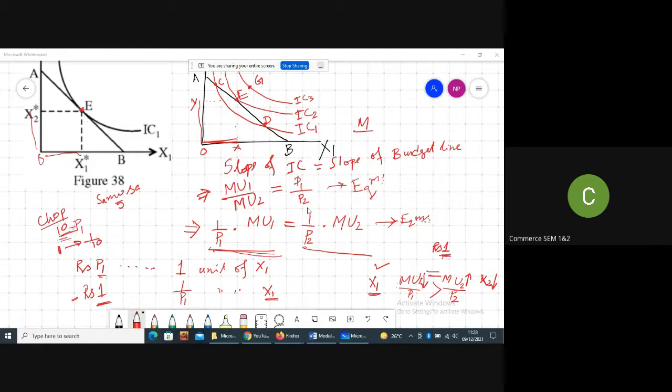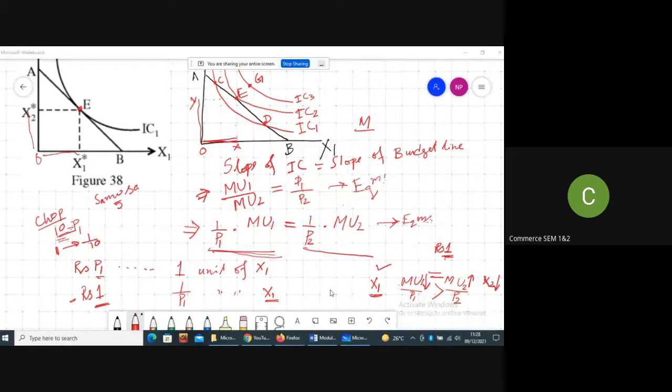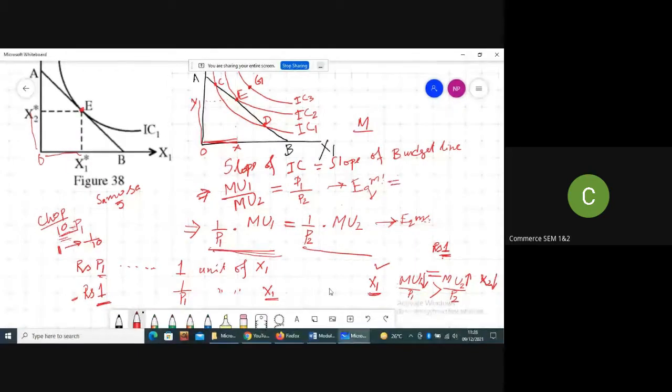Again from this condition, this is the slope of the indifference curve and this is the slope of the budget line. Now take any point here, a point here. Slope of IC will be something like this, which is flatter than the slope of the budget line.